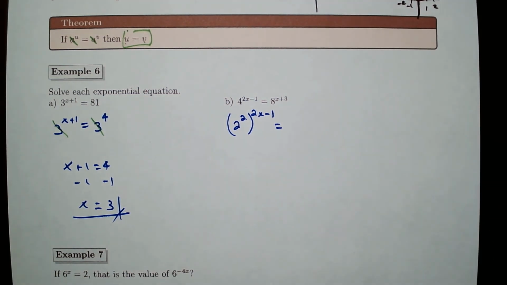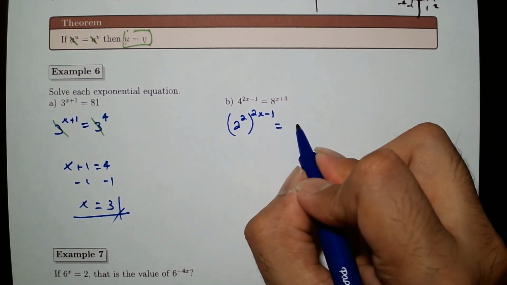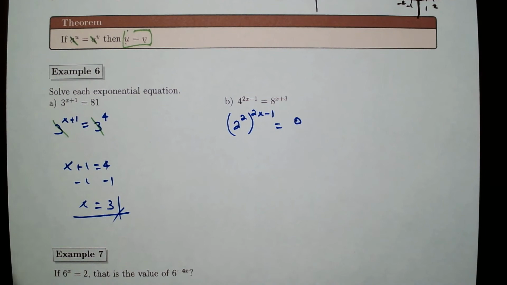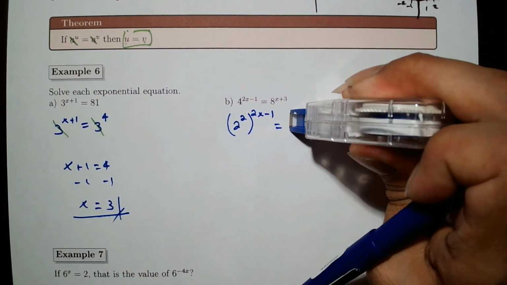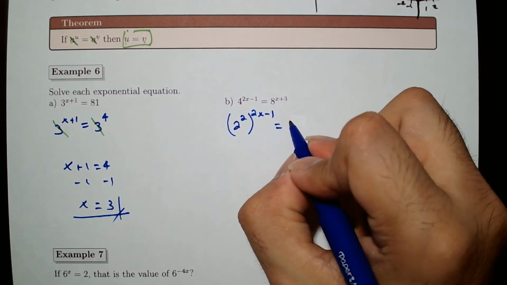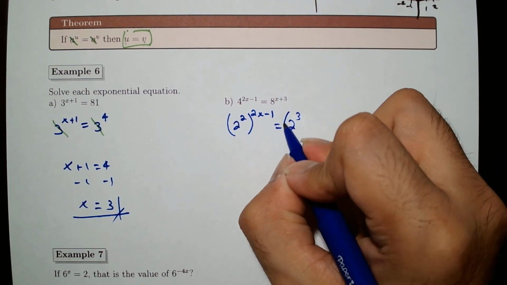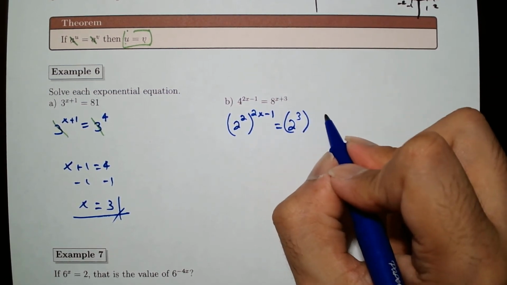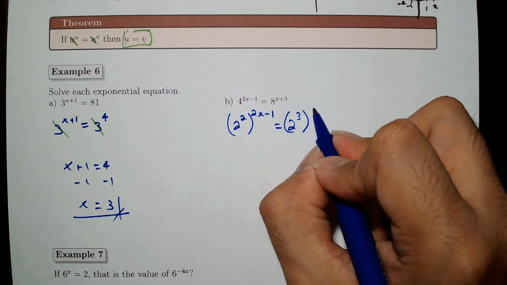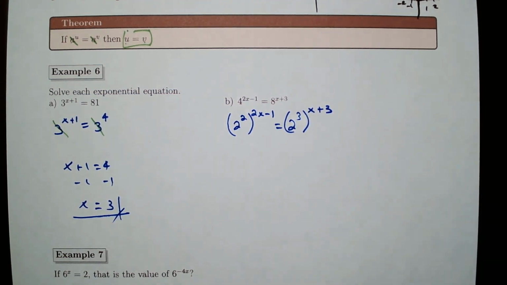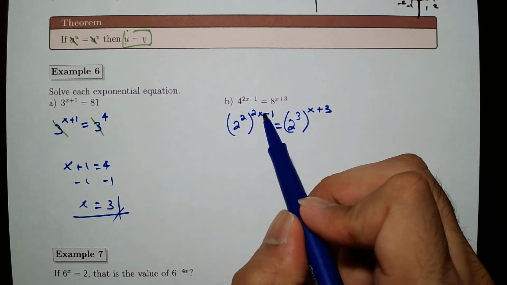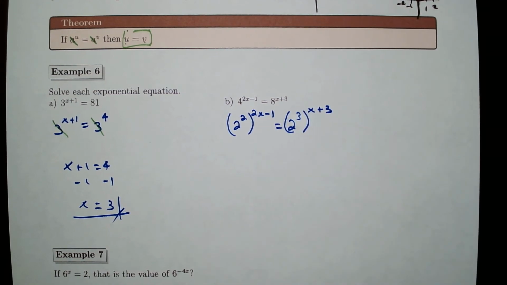And at the same time, we're going to have the number 8, which can be written as 2 to the 3rd power, everything to the x plus 3. Now when we have the power of another power, we multiply the powers.